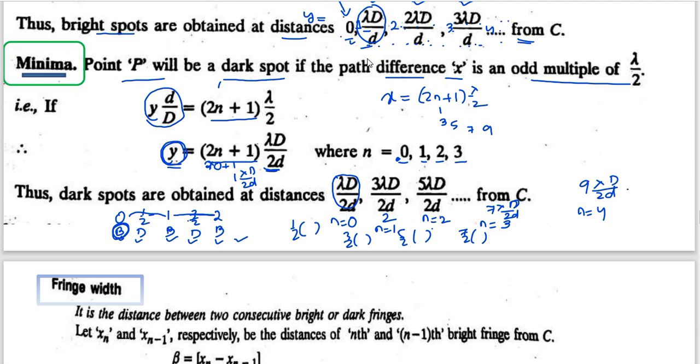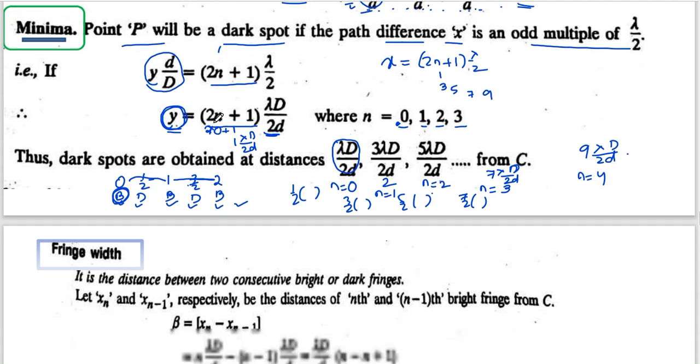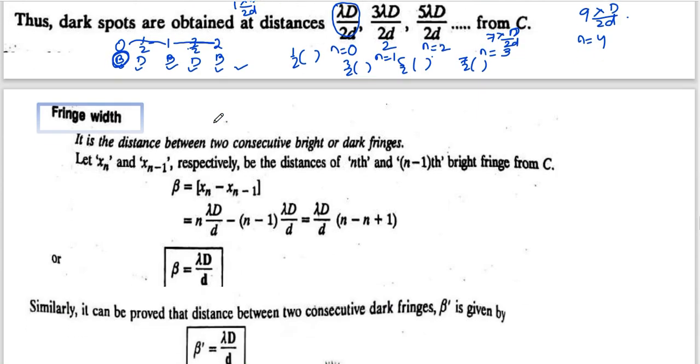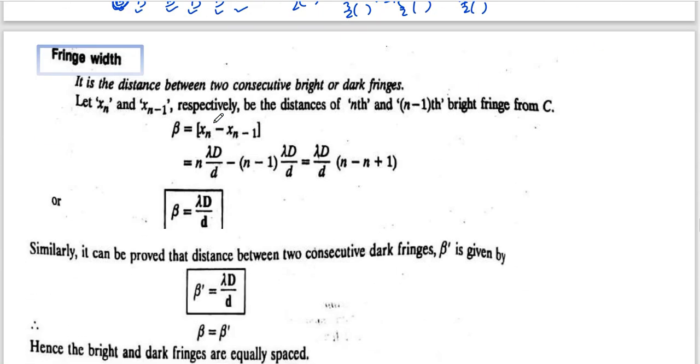So now let's discuss fringe width. What is fringe width? Fringe width is basically the width of the fringe; by definition, it is the distance between two consecutive bright or dark fringes. Look here.